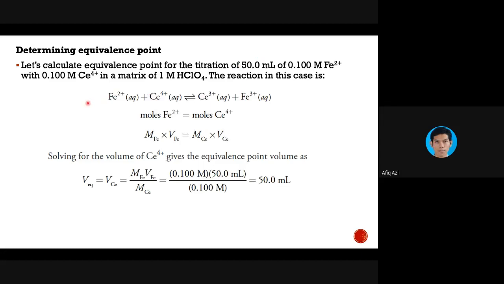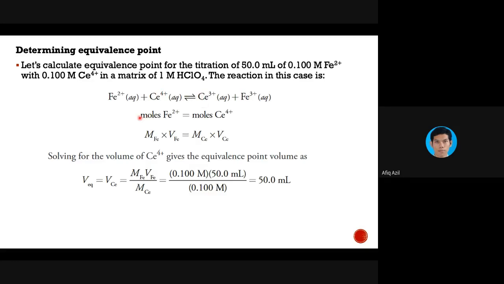So you look at the balanced equation. Fe2 plus Ce4 plus, then you will end up with Ce3 plus Fe3 plus. So the moles are the same, meaning that the ratio is 1 to 1. Okay, you have 1 here, 1 on this side as well.